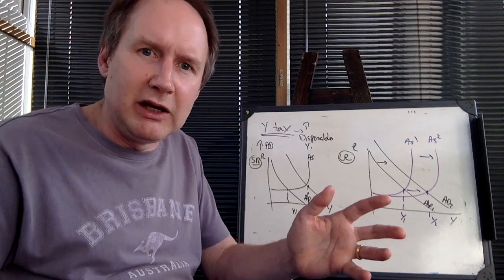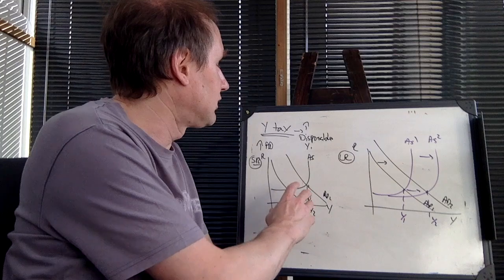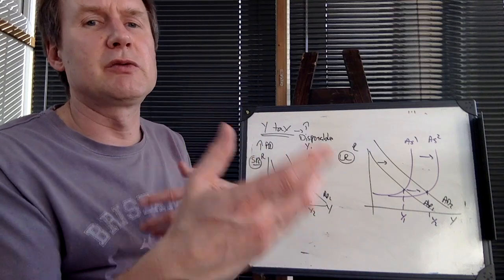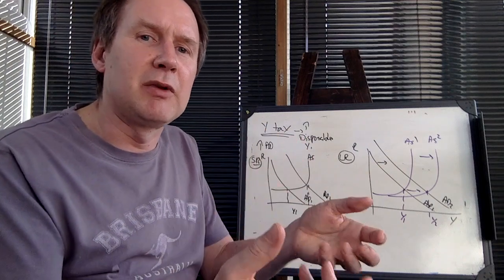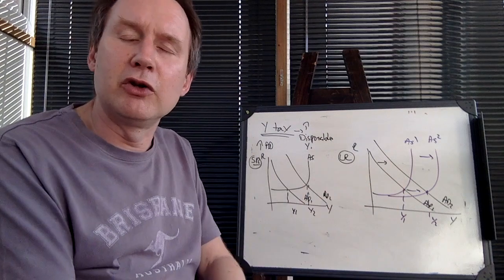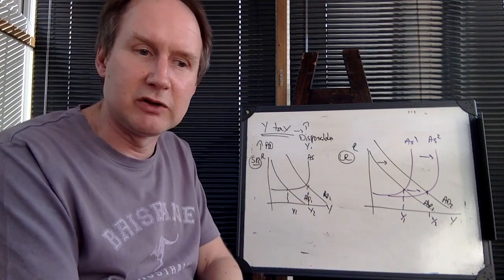So you give them more money, all they're going to do is put it in their pension fund, most likely. Under those circumstances, you'd only get a small increase in aggregate demand. Although, as we said before, the impact of this may also depend on where you are on the Laffer curve and so on. But depending on whose taxes you cut, you might get a big or a small increase in aggregate demand.